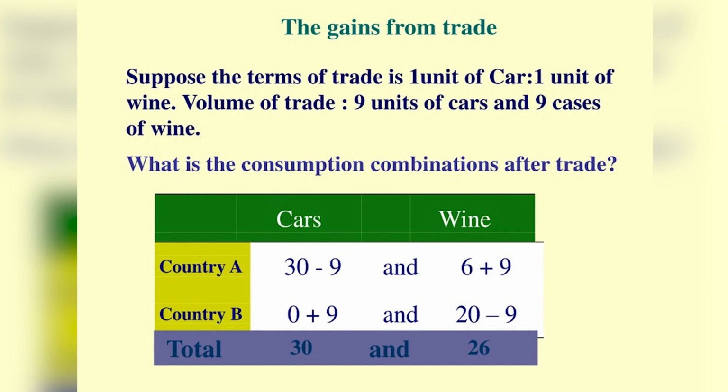For country B, car becomes 0 plus 9, and wine becomes 20 minus 9. So the consumption combination after trade for car, combining both country A and country B, is 30. And for wine, combining both country A and country B, it is 26.